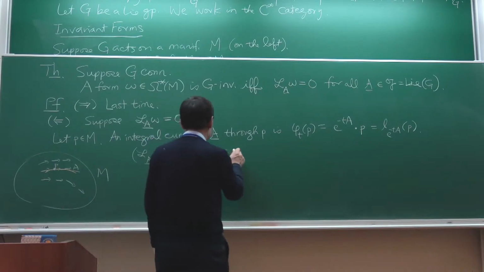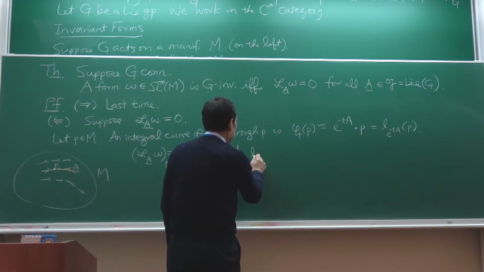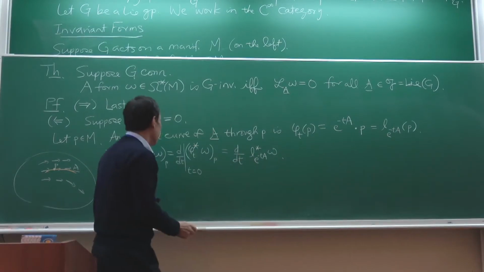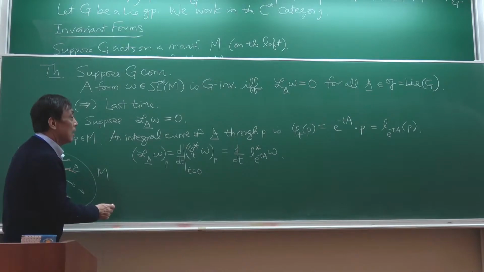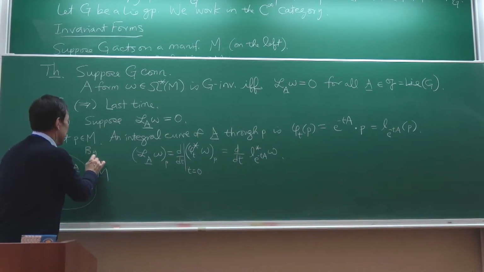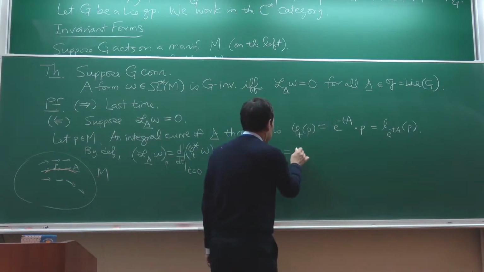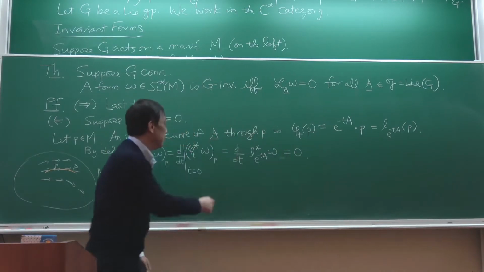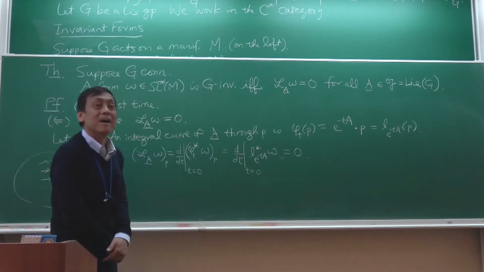And so it's d/dt of L_{e^{-tA}} star of omega. Yeah. And so by definition, this is 0. Okay? This derivative is 0 at time 0.